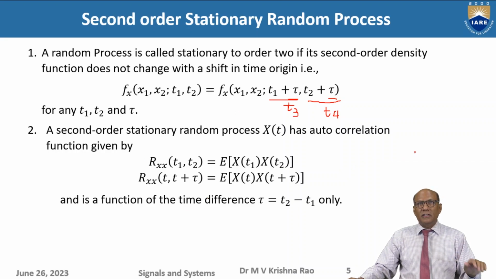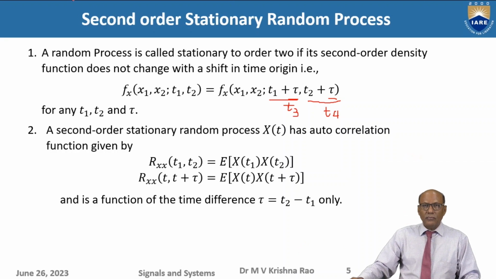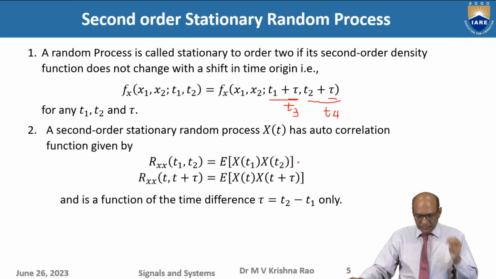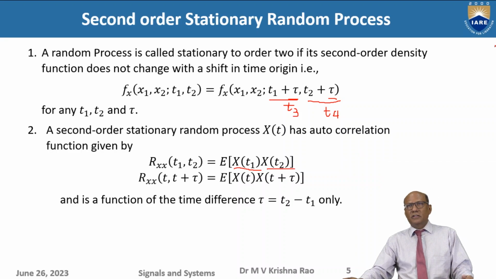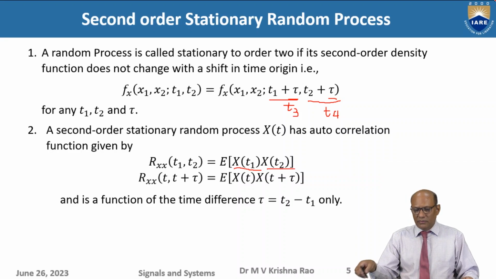Because the moment you take the joint density, you can define the autocorrelation function. The autocorrelation function of two random variables, one is x t1, the other one is x t2. These are the two random variables, and I am taking the correlation between these two random variables.